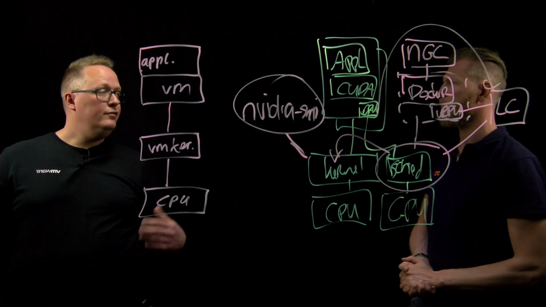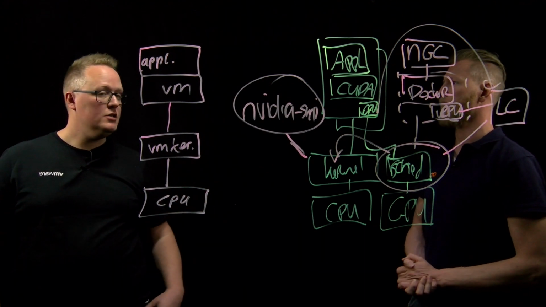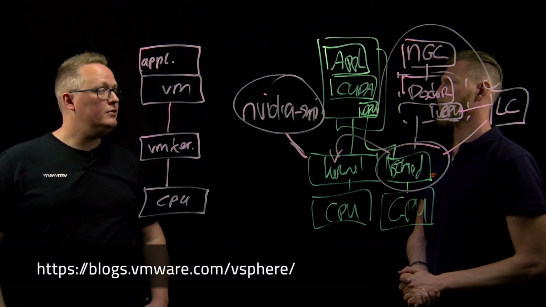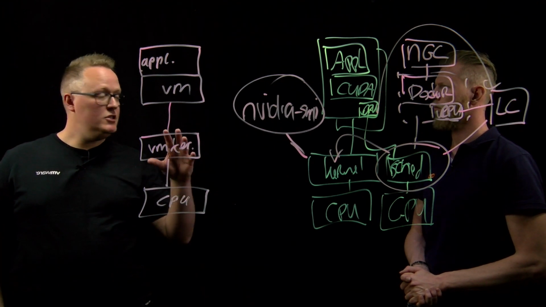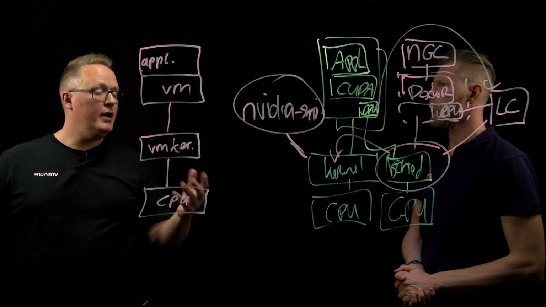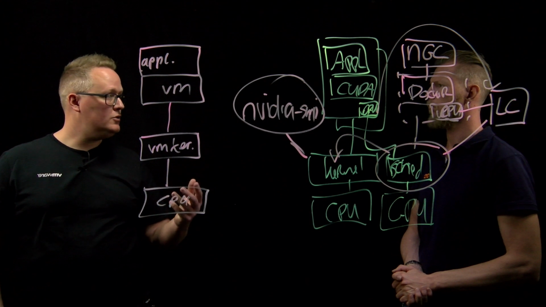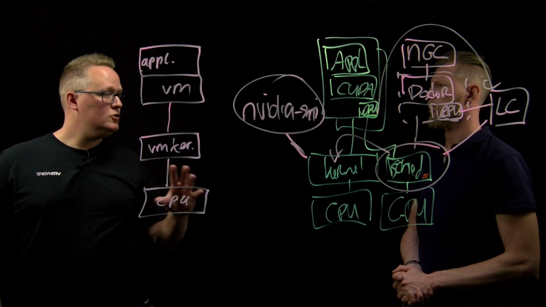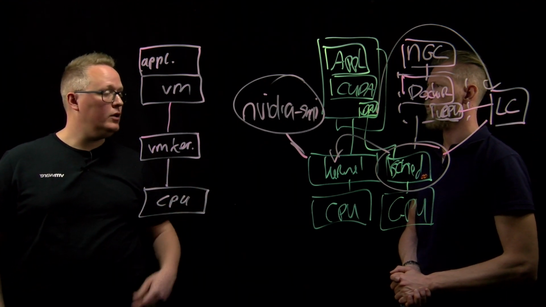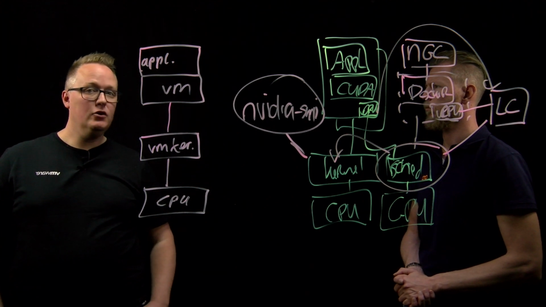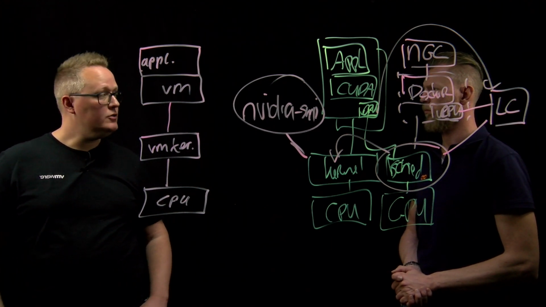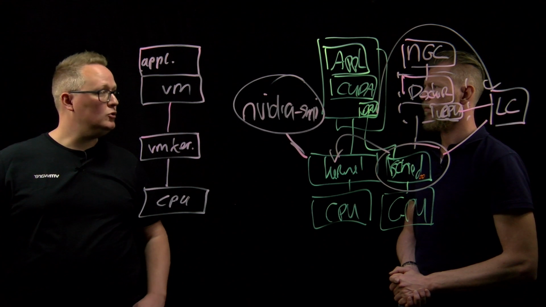Okay, so we have the VMware vSphere blogs. And we actually have a blog series on GPU architecture. We have a lot of information on machine learning, artificial intelligence, and what different solutions we have for that and what we support. So I would definitely encourage you to look those articles up, and there's a lot to learn.